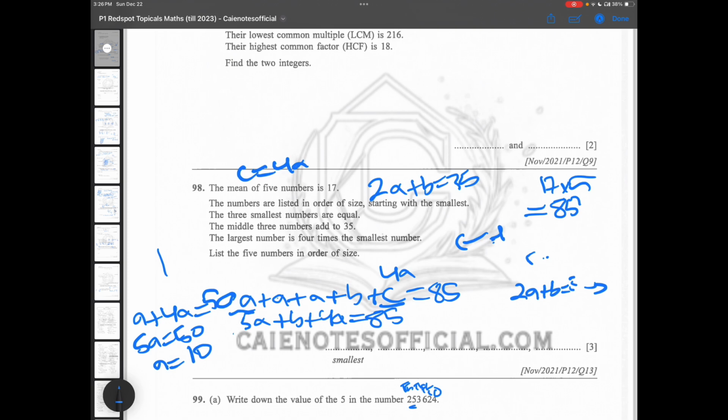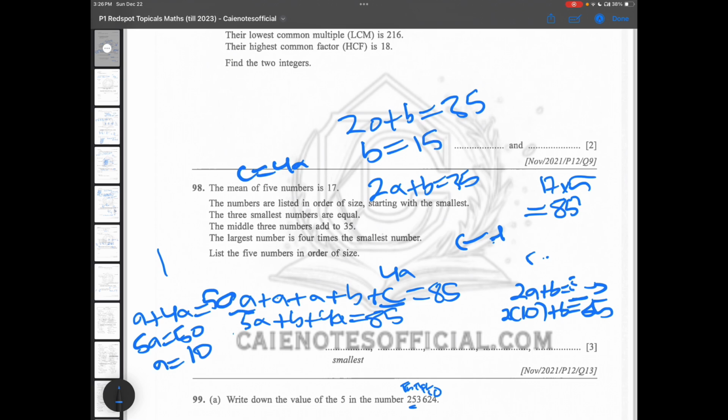And in order to find B, 2A plus B is 35 because the middle three numbers add to 35, right? So this is middle number A and B. 2A plus B is 35 and A is 10. So 2 into 10 plus B is equal to 35. 2 into 10 is 20, and 20 plus B is equal to 35. B will be 35 minus 20, which is 15.